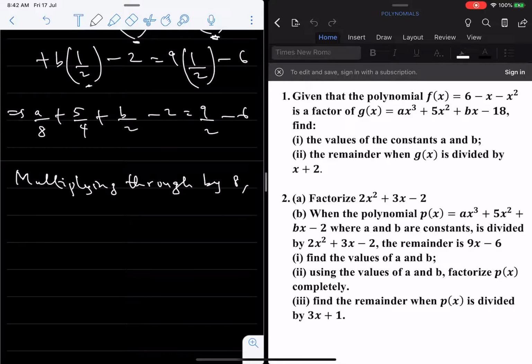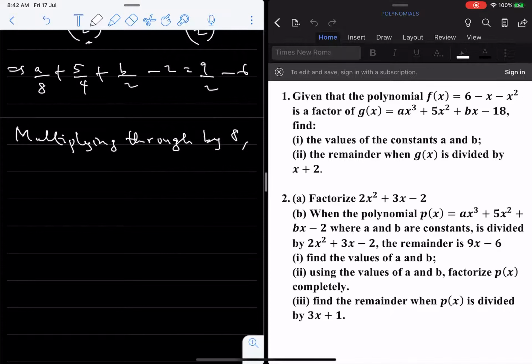That means a plus 5 over 4 times 8 is 10, b over 2 times 8 is 4b, minus 2 times 8 is minus 16. And that's equal to 9 over 2 times 8 is 36, minus 6 times 8 is minus 48.